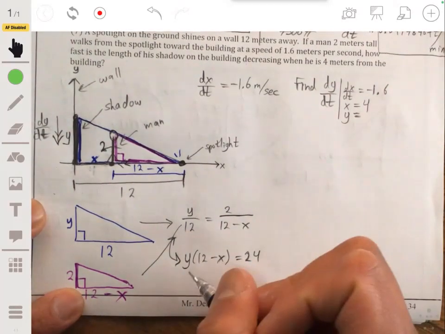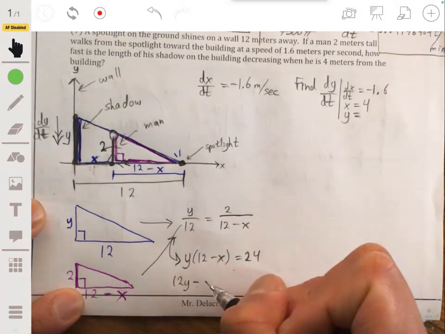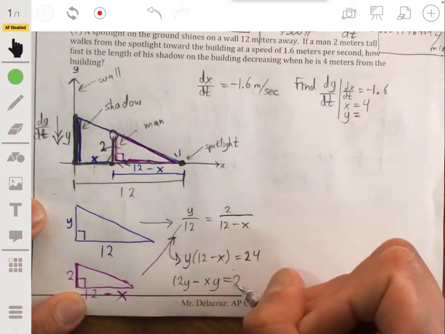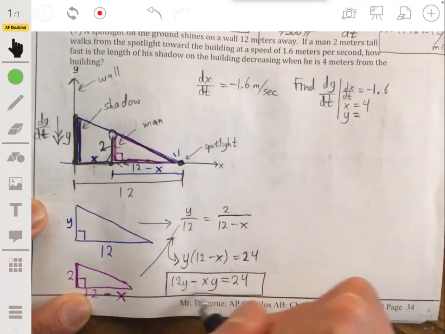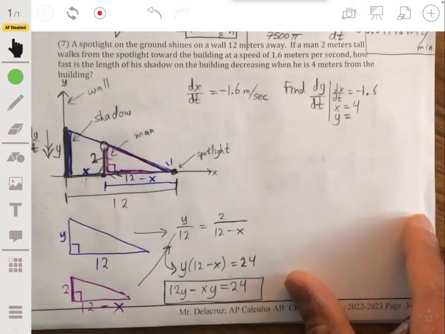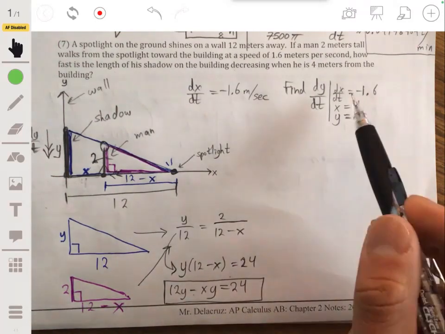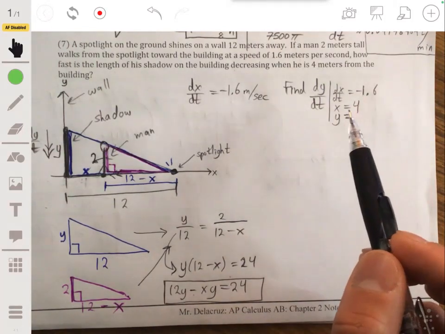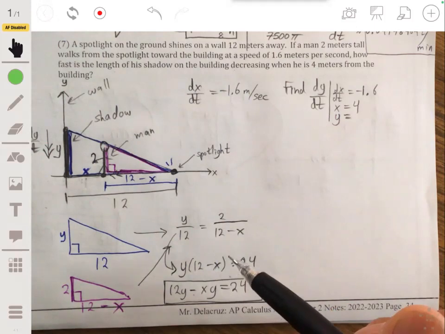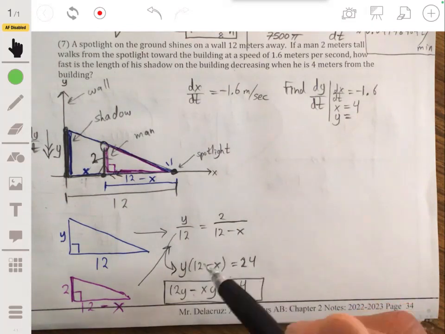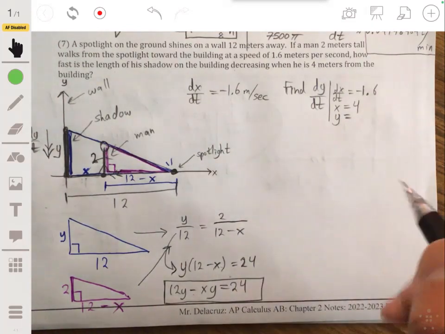And so we got 12y minus xy equals 24. So now we got an equation that relates x and y. And now we just need to differentiate this with respect to t, and then plug in our values for x, y, and dx/dt. So let's first solve for y, because then we know exactly what we need to plug in.